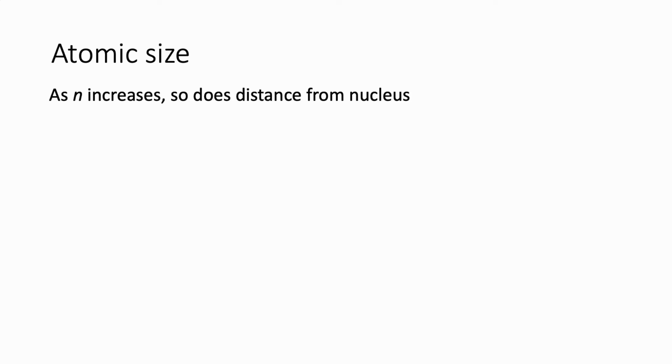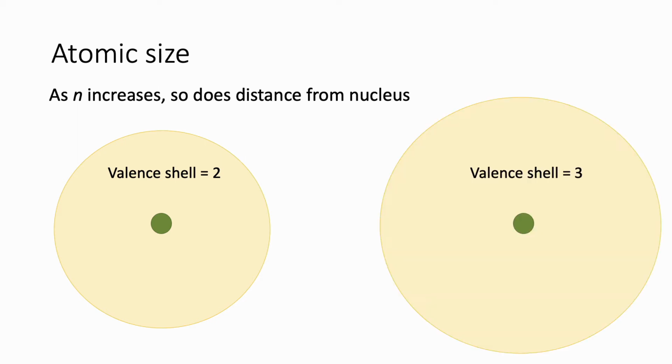So again, as your principal quantum number increases, the distance from the nucleus of the valence electrons is going to get larger, and that means the force is going to be weaker. So if you have an element that has valence shell being number 2, it's going to be smaller than something that has a valence shell with n equals 3.